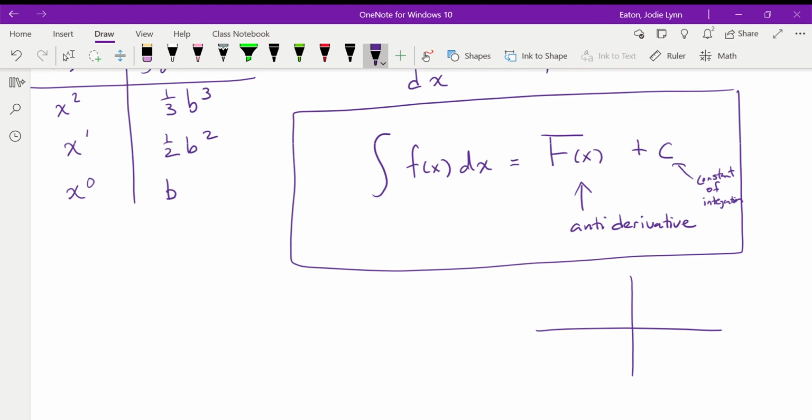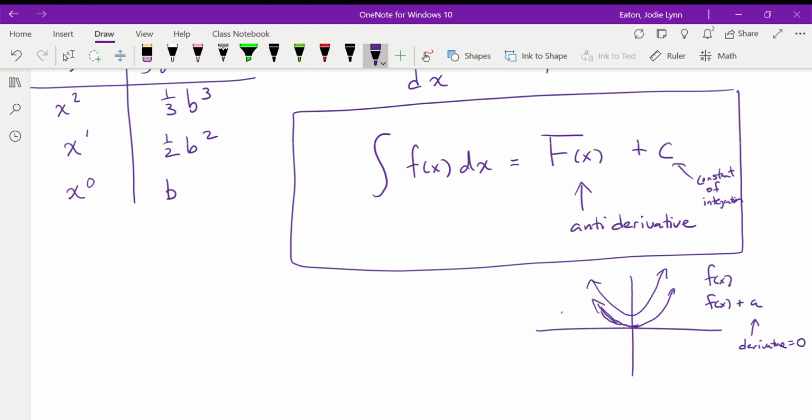If you have two functions, like f of x and then f of x plus a, they both have the same derivative because the derivative of a constant is 0. So anytime you're only adding a constant, you would still have the same derivative at every point.